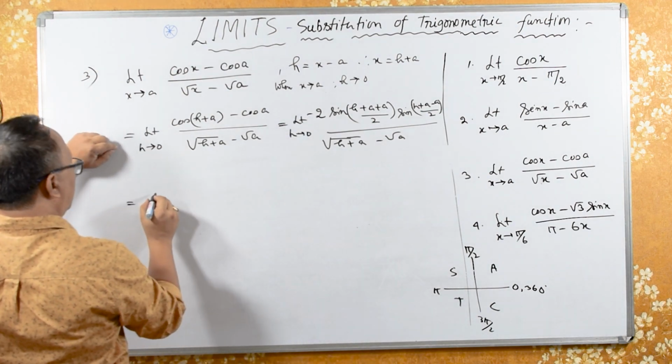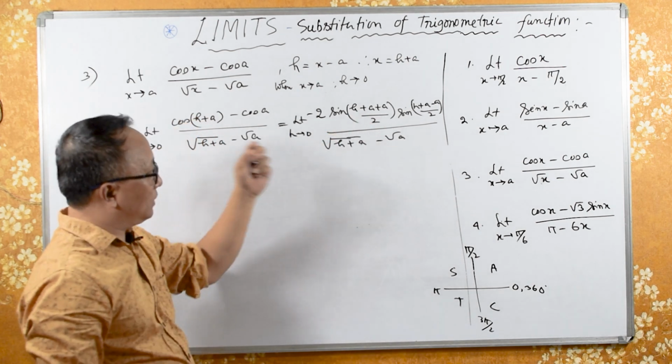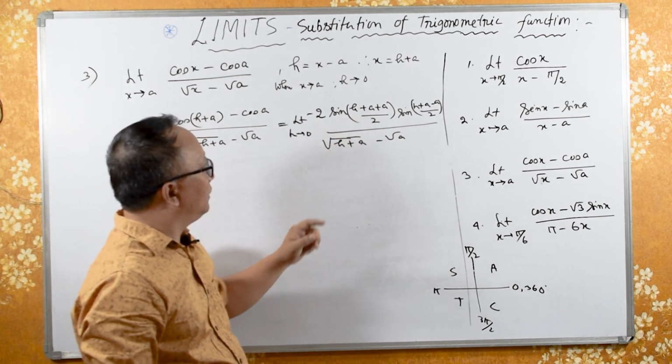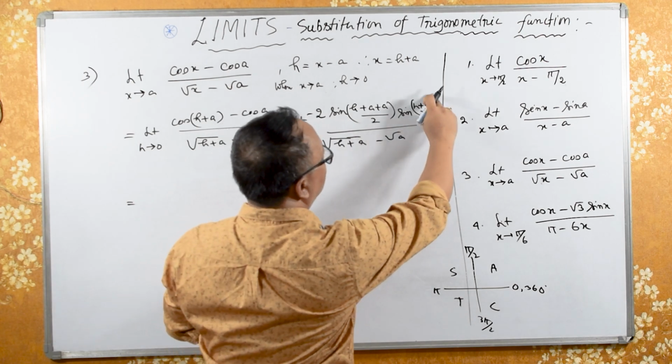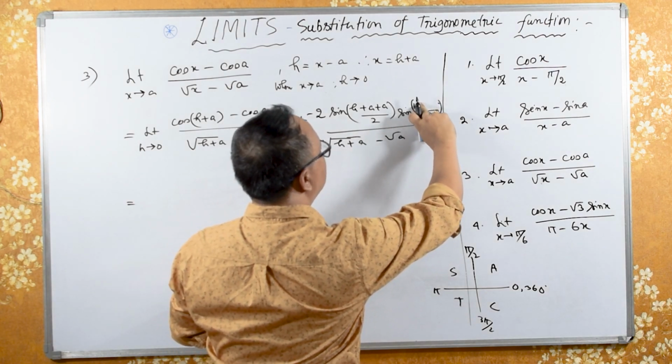Now here, when h tends to 0, this minus a and plus a get cancelled. Here I have only h by 2.